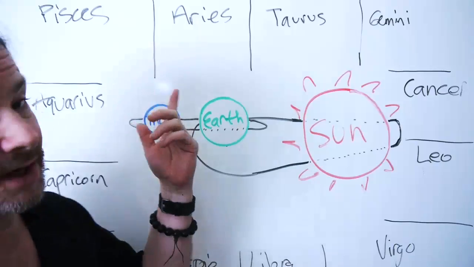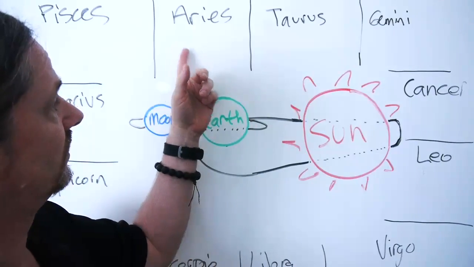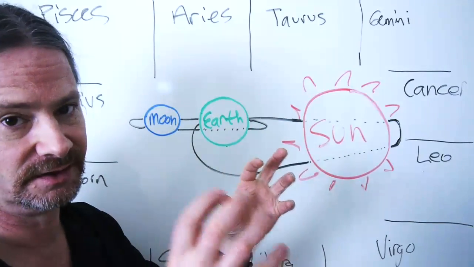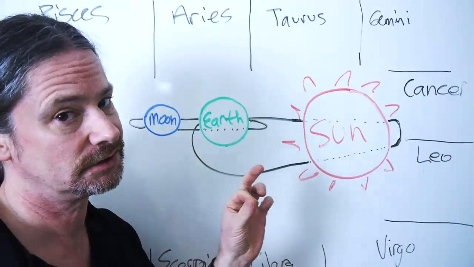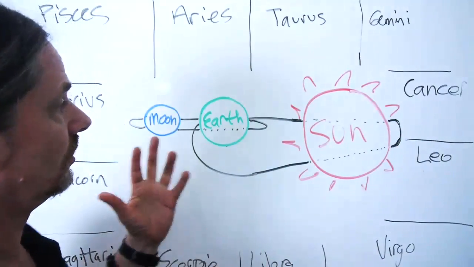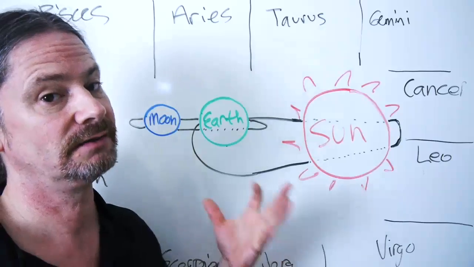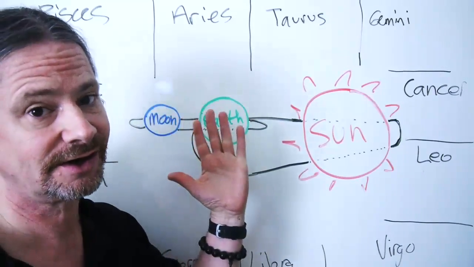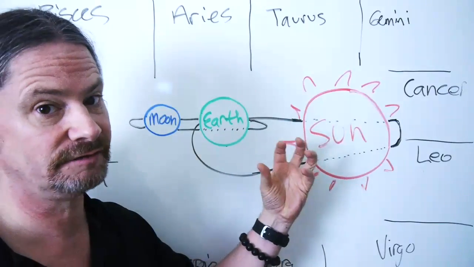So in the rest of this diagram I have, for example, the zodiac signs. These are sidereal zodiac signs, which means they're fixed. They're based on these positions in space. So you have Aries, Taurus, Gemini, Cancer, Leo. One of the reasons I use the South Indian chart, as I've explained many times to people who watch my videos, is that the South Indian chart is actually a representation of this.